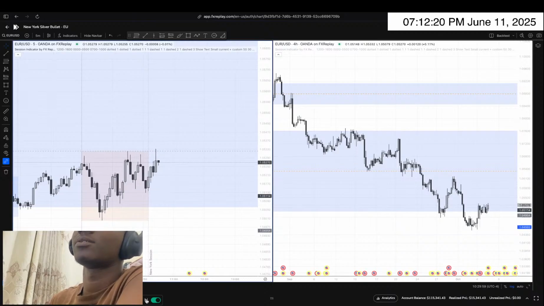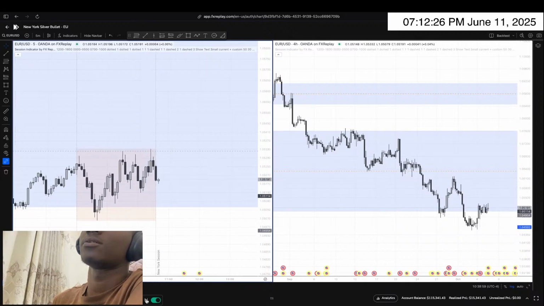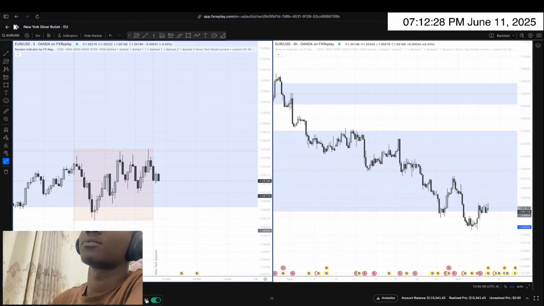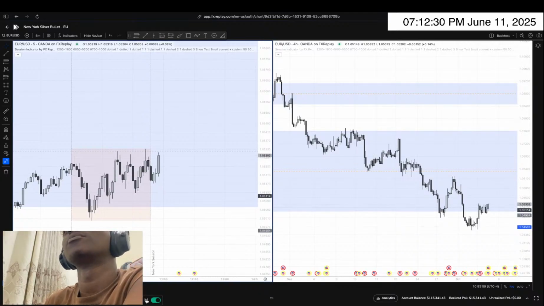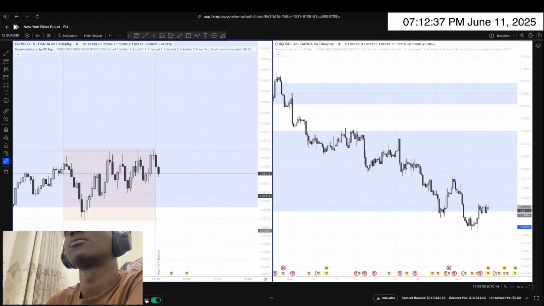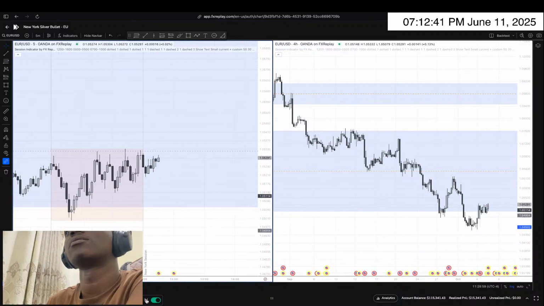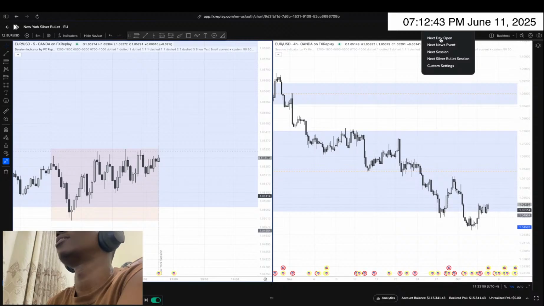So we don't. As you can see, we end up getting a stop out instead, which means this silver bullet was invalid. So that day, nope.